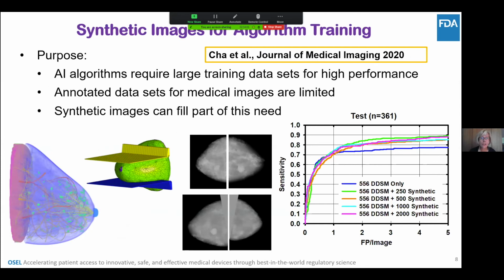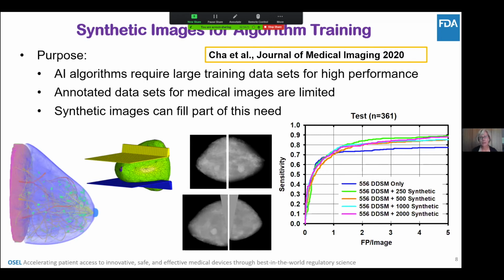This is work by Kenny Cha, published last year in JMI, where he looked at the potential for using synthetic images from the VICTORY pipeline to augment the need for annotated data sets for a breast cancer screening kind of application.